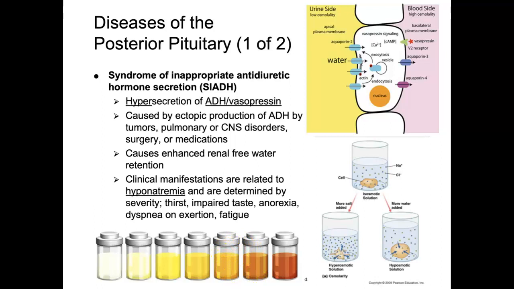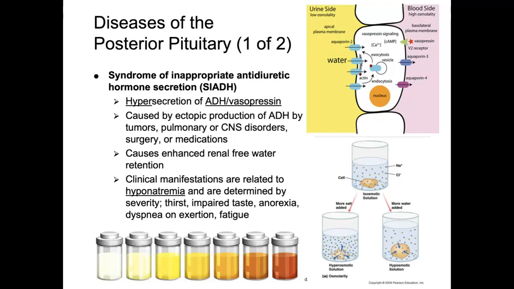So due to this extra water reabsorption, that hyponatremia is going to cause clinical manifestations depending on how severe it is. So we may have increased thirst, impaired taste, anorexia, dyspnea on exertion, and fatigue when the serum sodium levels decrease rapidly.